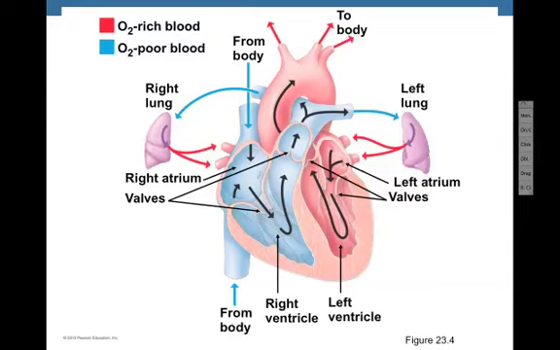Now the two that lead into the pulmonary artery and the aorta, they call the aortic valve and the pulmonary valve. That's another name. You're going to see many names, but those are good. Aortic valve means it's at the bottom of the aorta. The pulmonary valve is at the bottom of the pulmonary artery.